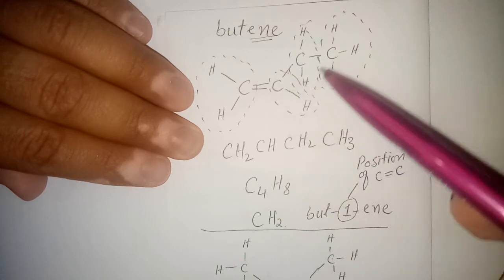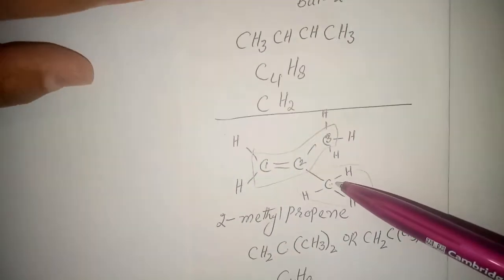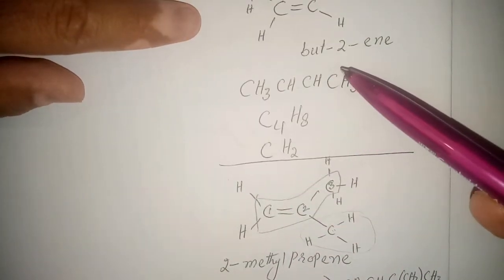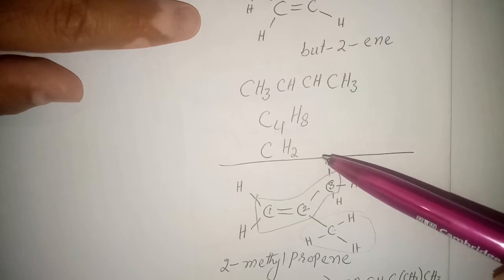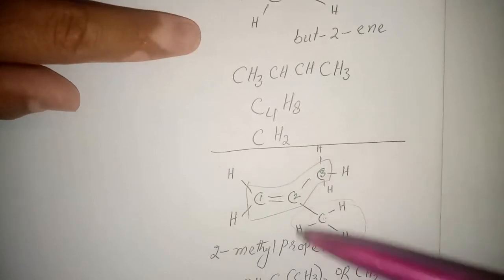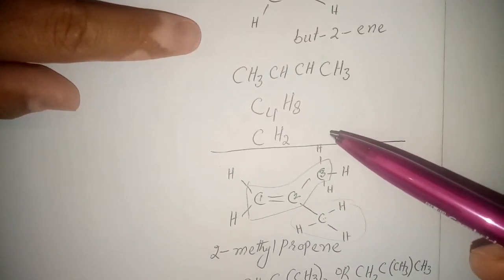But the displayed formula and the structural formula are different in all of the 3 cases. So again, I have to repeat, this type of phenomenon, when molecules have the same molecular formula but the arrangement of atoms is different, is called isomers.